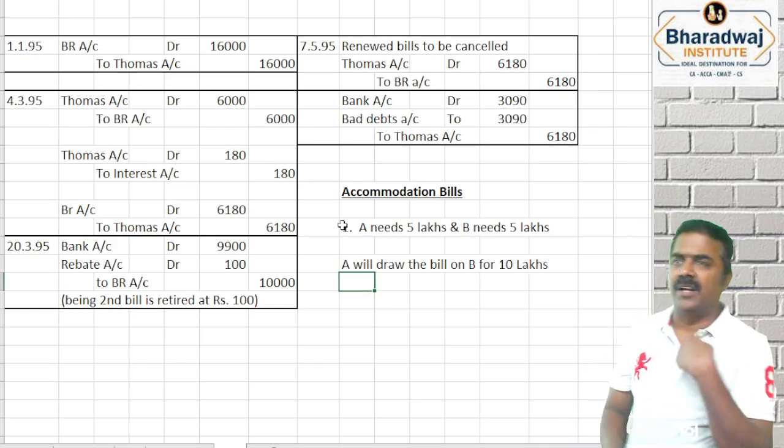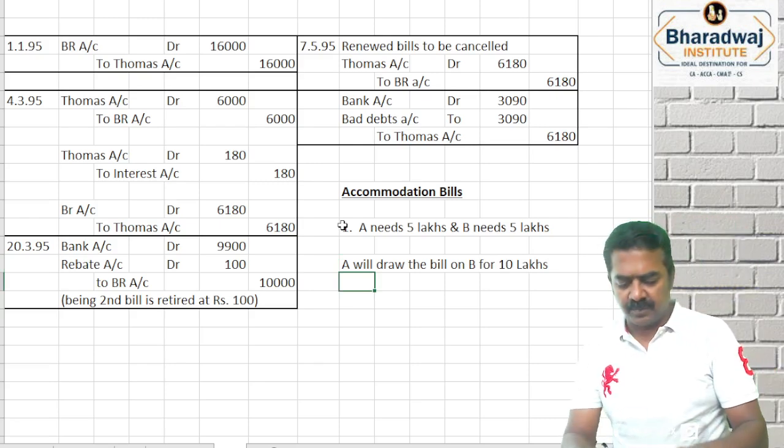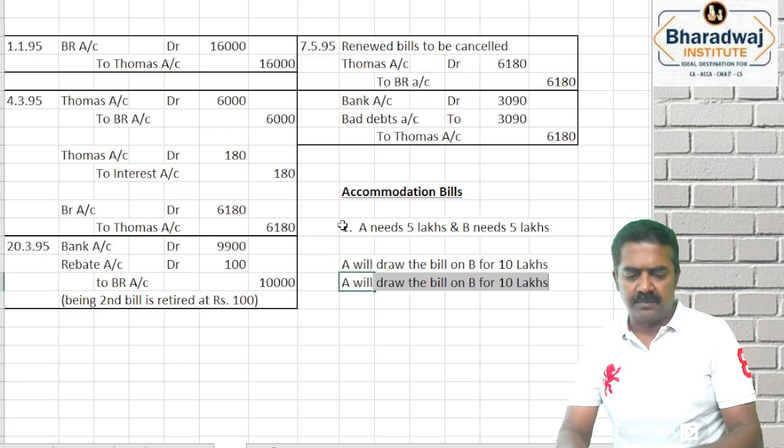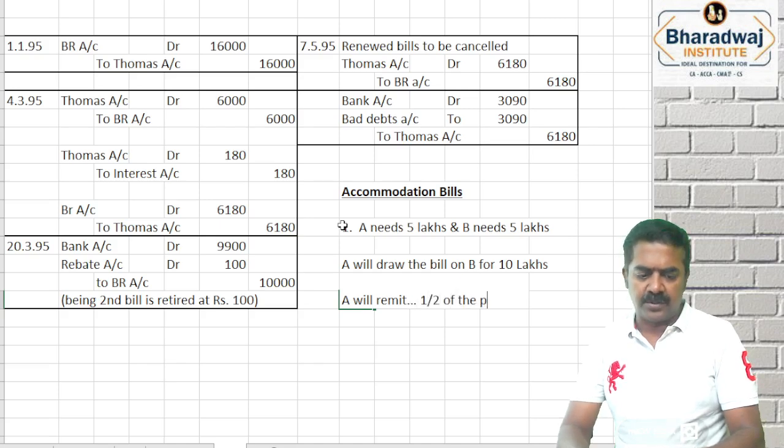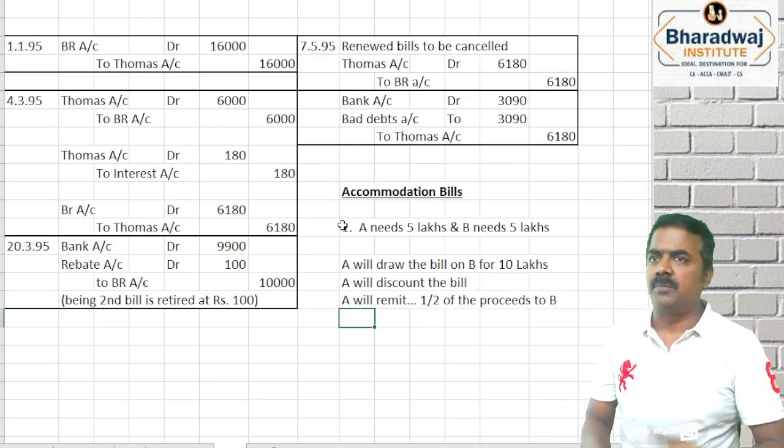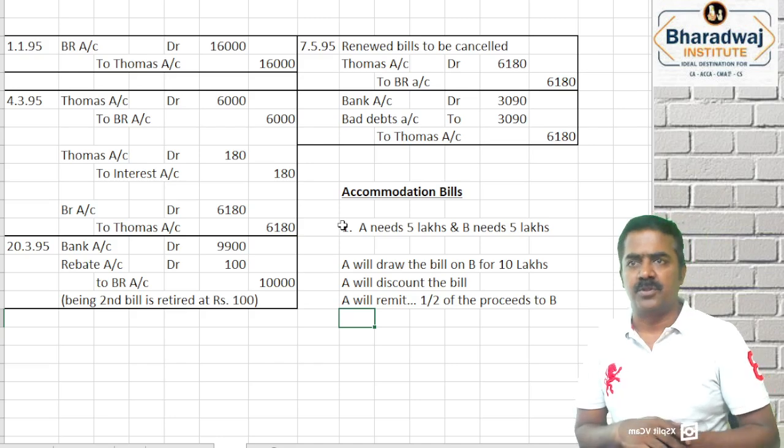Then A will discount the bill and remit, meaning send, half of the proceeds to B. I discount the 10 lakh bill and immediately send you half the amount.